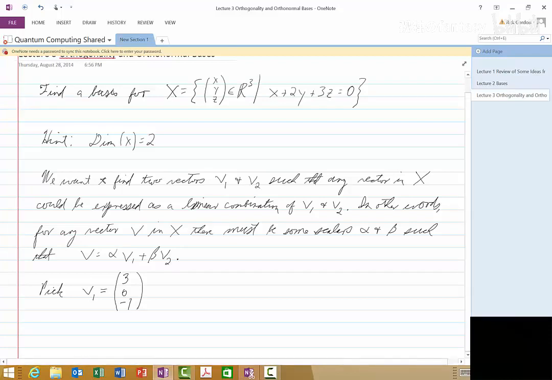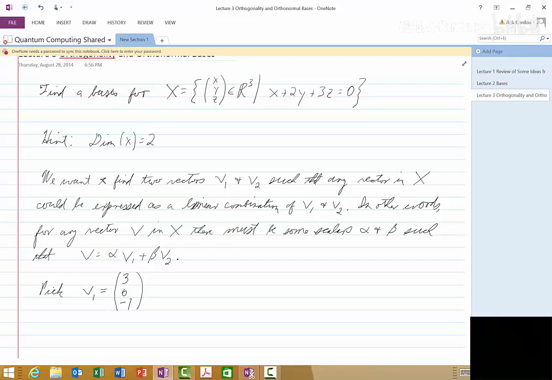And so that's what I've done here: I've made the y coordinate equal to 0, and so I get the vector (3, 0, -1). Now, I claim that if I pick any vector v2 in X, it will work as long as v2 is not a multiple of v1 and v1 is not a multiple of v2.